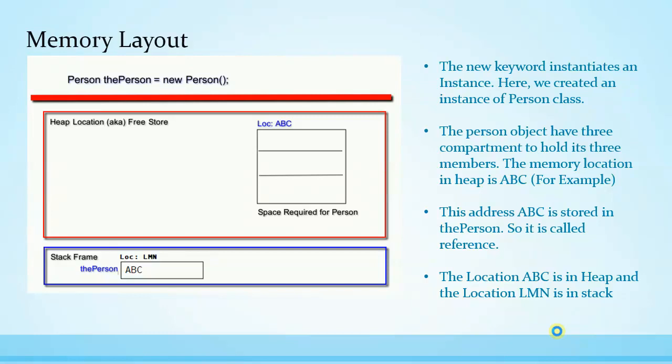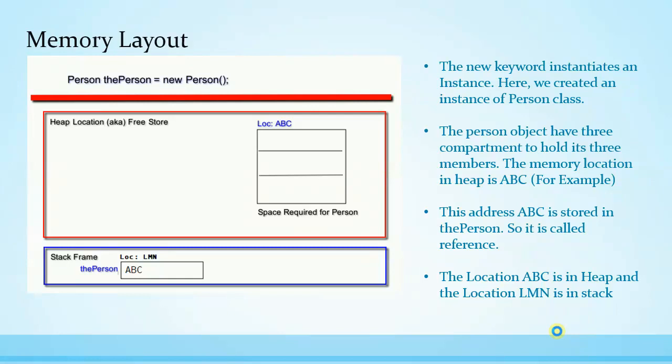In the picture here, the red box shows the heap location. Java has plenty of space available on the heap. People also call that the free store. That means you can allocate a number of memory blocks there, and the Java garbage collector will do a neat job of always keeping this memory free wherever the memory is not used by the application.